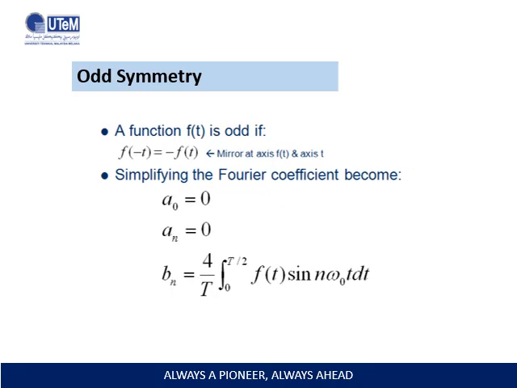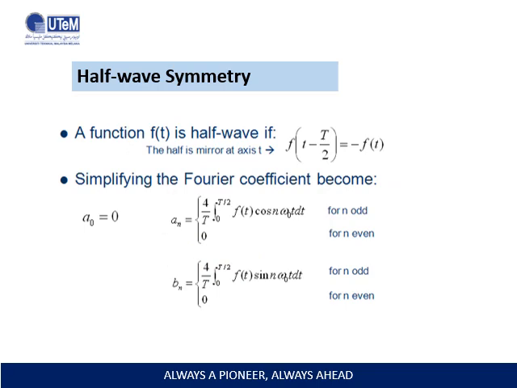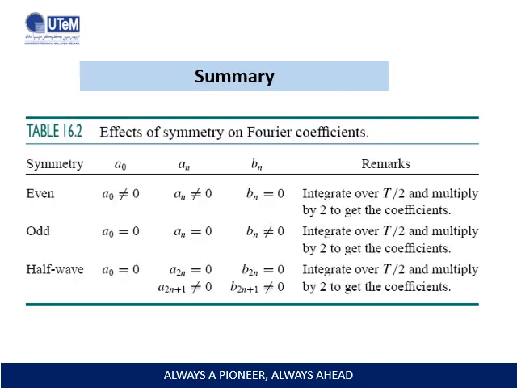For odd symmetry, a naught and a_n are equal to 0, and b_n is equal to 4 over T, do not confuse, and your integration is from 0 to T over 2. We have discussed half-wave symmetry, but I didn't emphasize it.